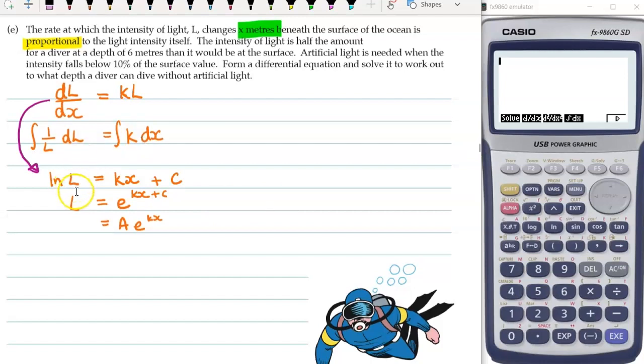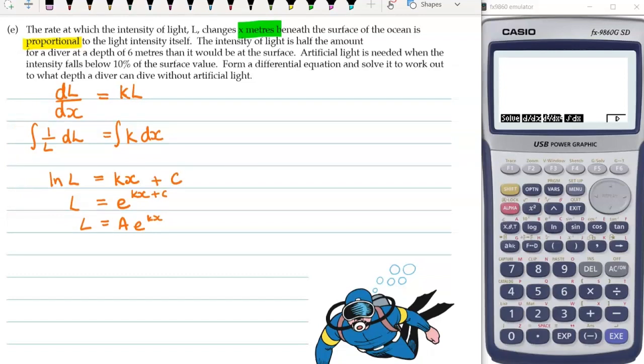Again, if you can memorize these steps, you can go straight from this all the way down to writing down this final equation of L equals a e to the kx. So doing a lot of practice of this can help you get straight from that to that.